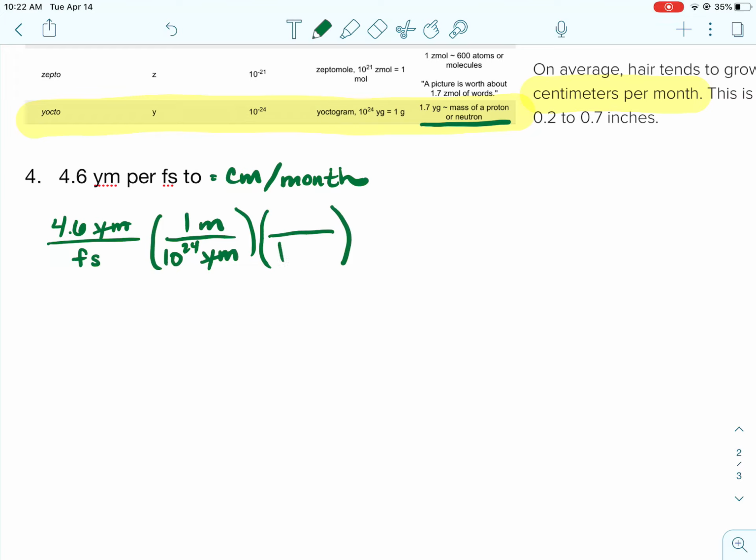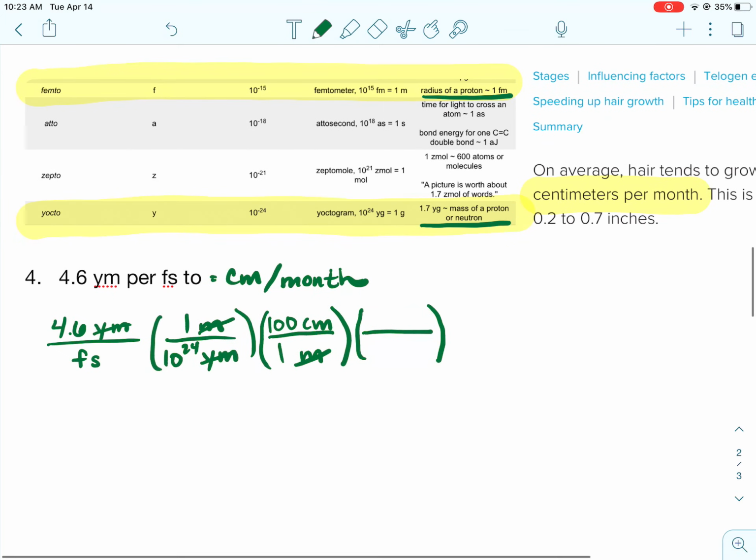So I'm canceling yoctometers. It goes in the denominator since originally it was in the numerator. So that takes care of that. All right, we don't want meters. We want centimeters. So meters is in the numerator. I'll put meters in the denominator to cancel. And then I think you guys all know that there's 100 centimeters in a meter.